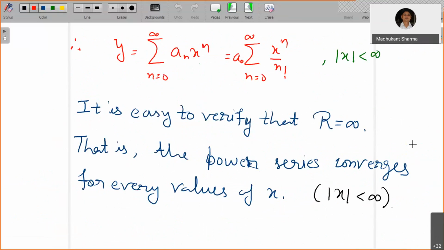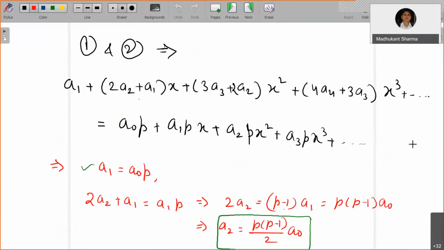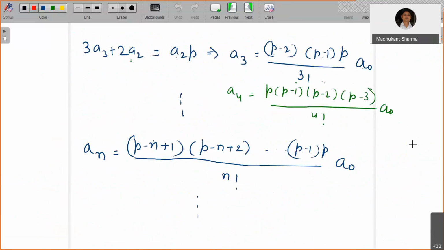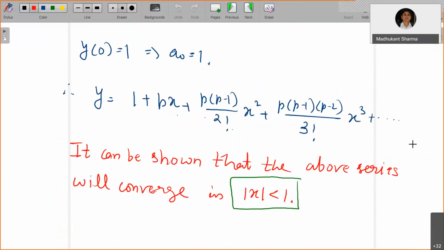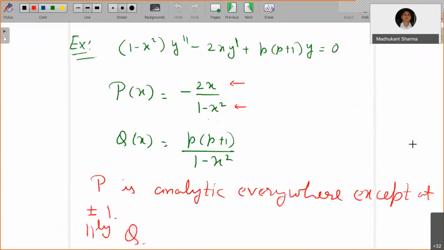The alternate meaning is that you can also represent f by g in powers of x naught simply. Look here. I can write this as minus 2x times (1 minus x square) to the power minus 1, and I can write this as p(p plus 1) times (1 minus x square) to the power minus 1.